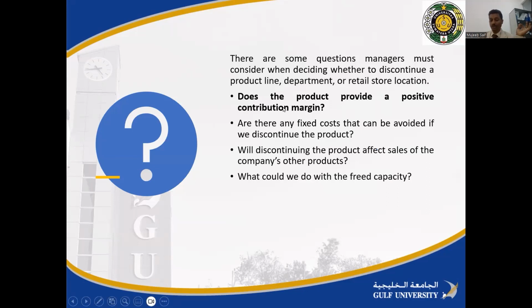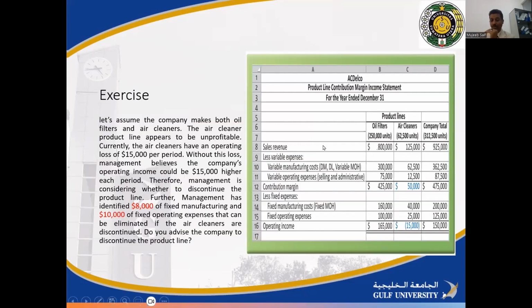The most important thing is that this production line should at least cover the variable cost. What do we mean by positive contribution margin? It means that for this production line that gives us a loss, we should see the revenue. See this one.